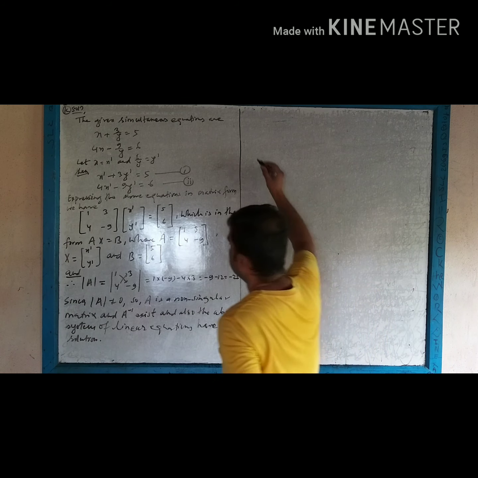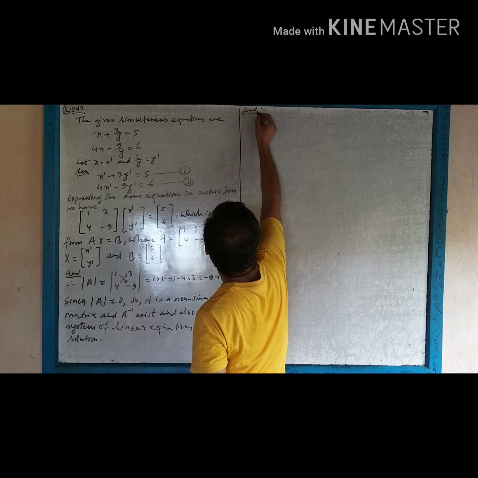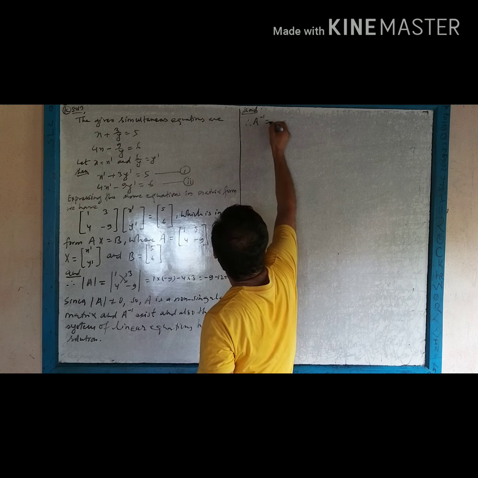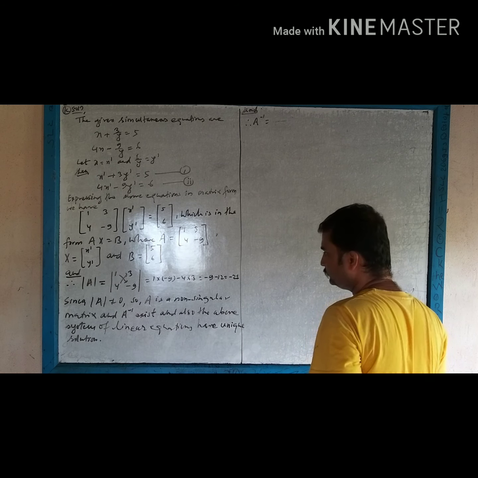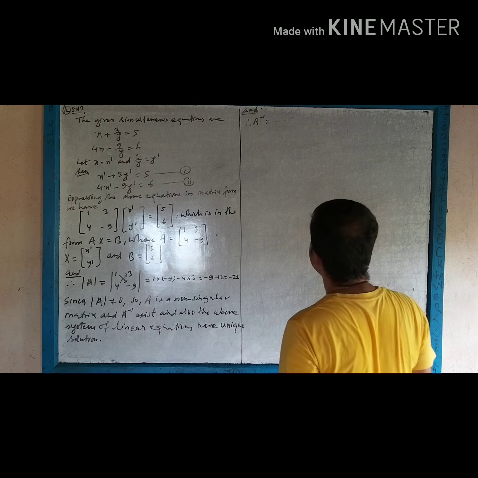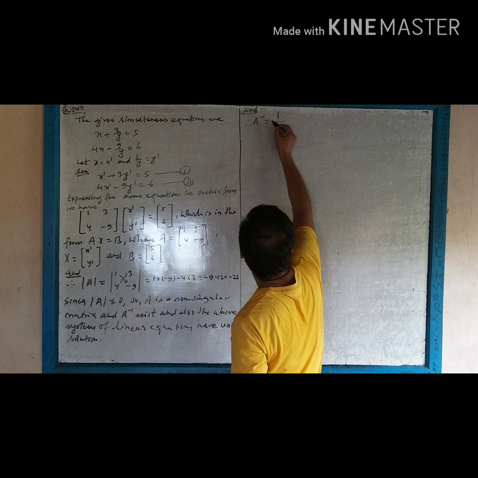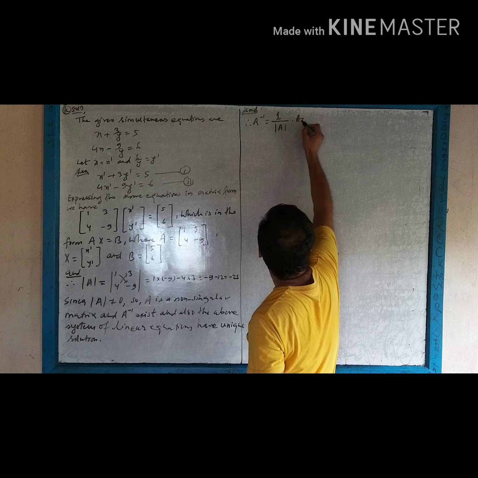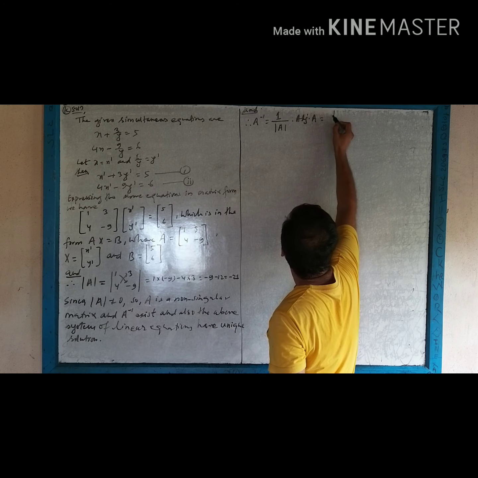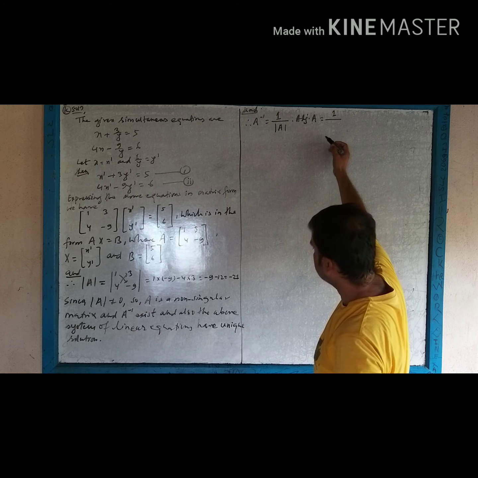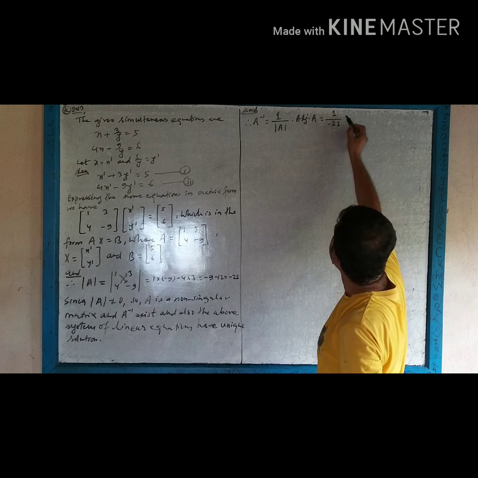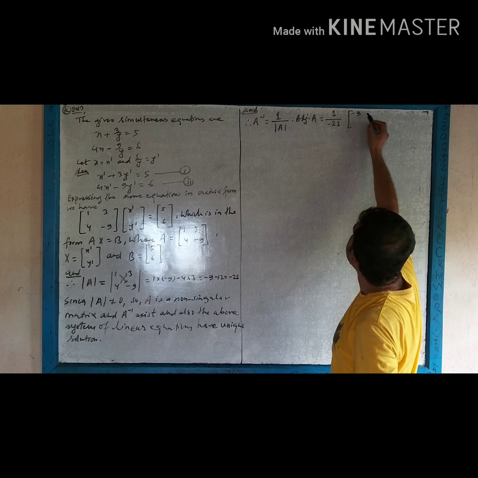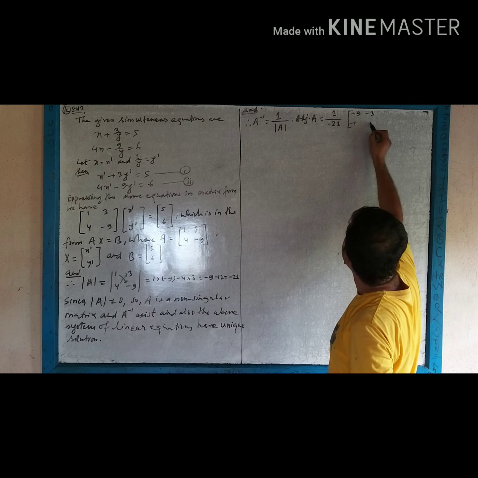Let's find A inverse, and therefore A inverse is equal to 1 by determinant of A, adjoint of A, 1 by minus 21, adjoint of A: change minus 9, minus 3, minus 4 and 1.